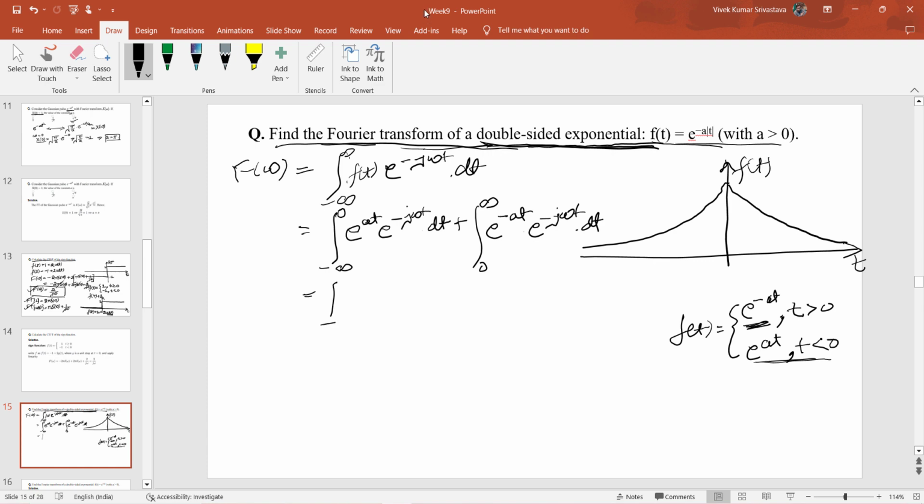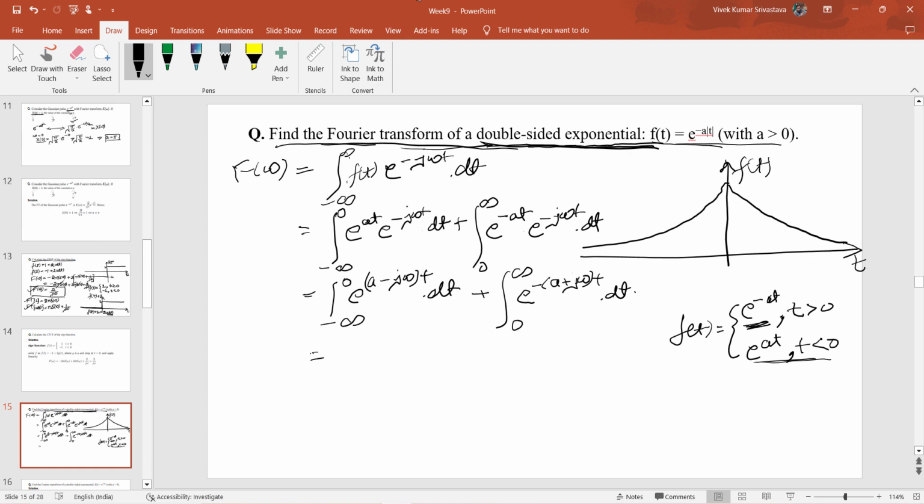Let me integrate e raised to the power a minus j omega into t dt, plus the integral from 0 to infinity of e raised to the power minus a plus j omega into t dt.